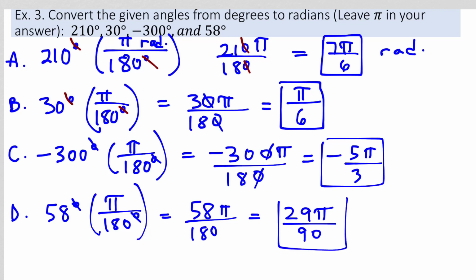Okay, so this is my radians. So we generally leave these with the pi in them in a reduced fraction format. Occasionally, you'll see radians as decimal numbers like 2.5 radians or something like that. But most often, we're going to see them in our work as reduced fractions with a pi in the numerator.